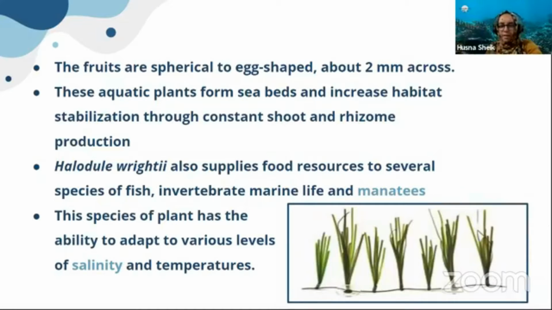So they stabilize against resuspension. If there's no seagrass, with constant wave action and currents, the sea floor is disturbed and the sediments come into the water column. But when the plants are there, with a network of rhizomes, they help to stabilize the bottom without resuspending sediment into the water column.